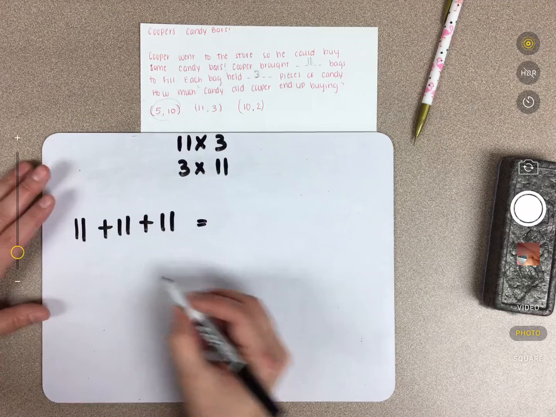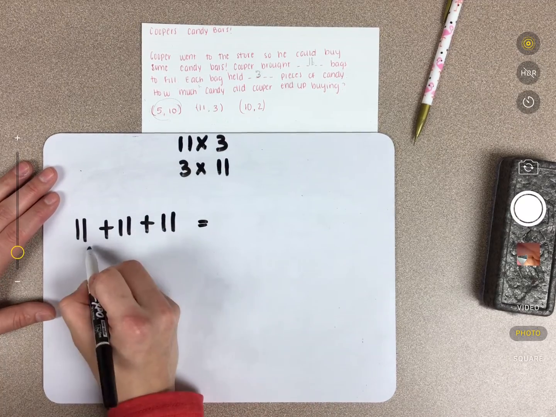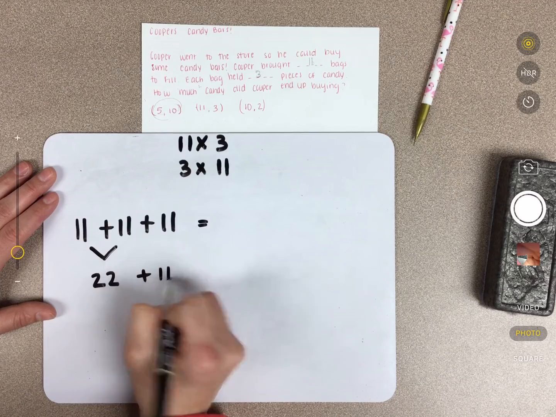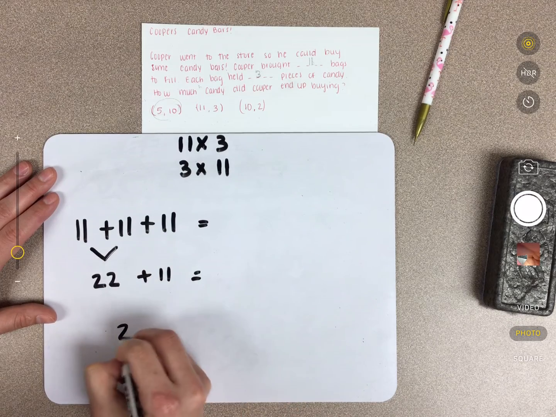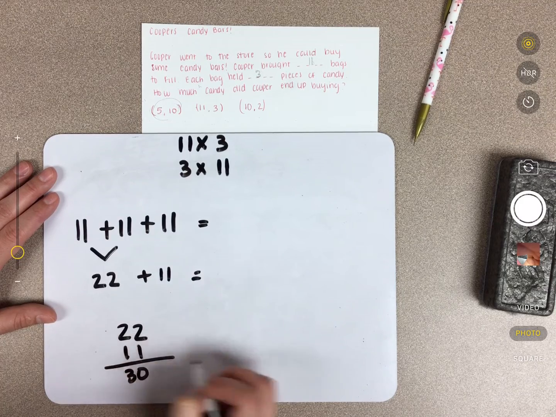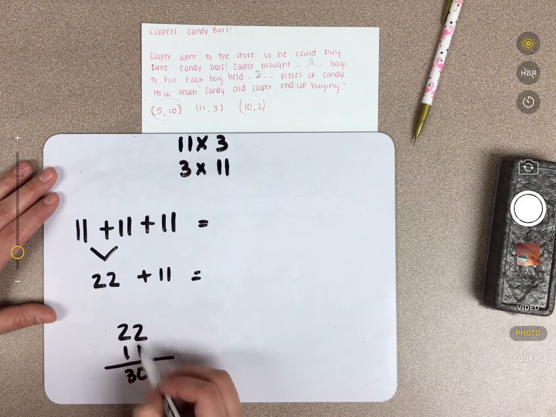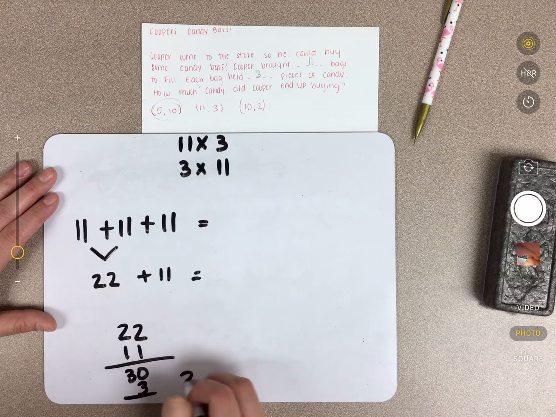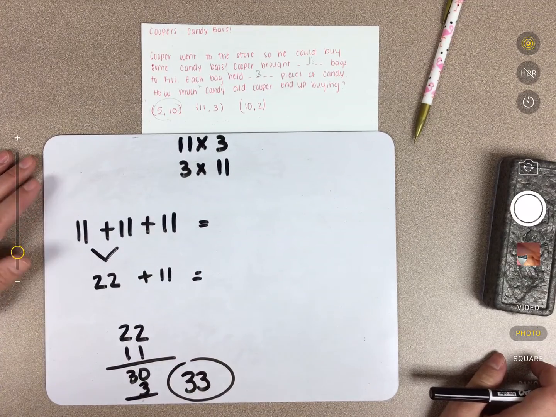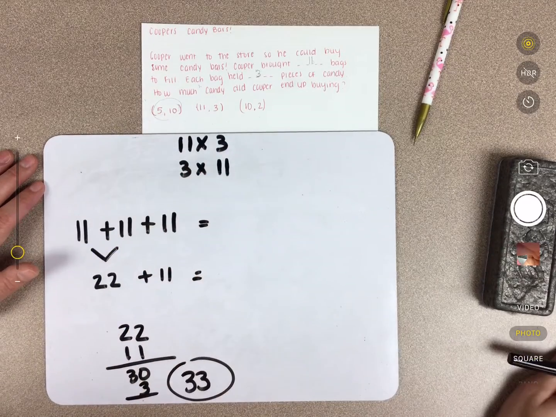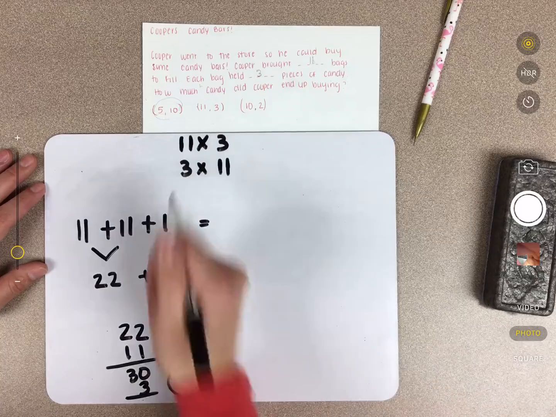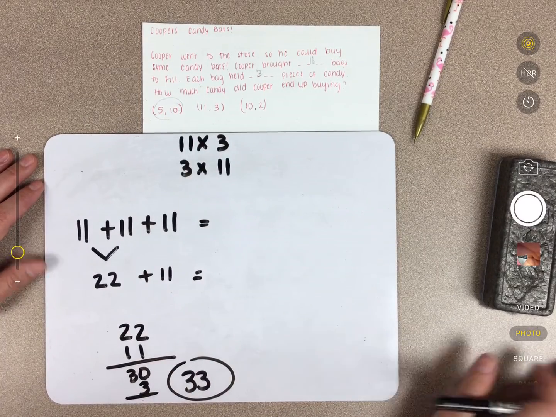And I'm not really sure what 3 elevens are, but I know that 2 elevens is 22. And then if I add 11, I can do 22 and 11. I know that 20 plus 10 is 30. And then I know that 2 and 1 is 3. And then I get 33. See how much faster I got to that when I used the commutative property and I switched the numbers? Instead of doing 11 groups of 3, I did 3 groups of 11.